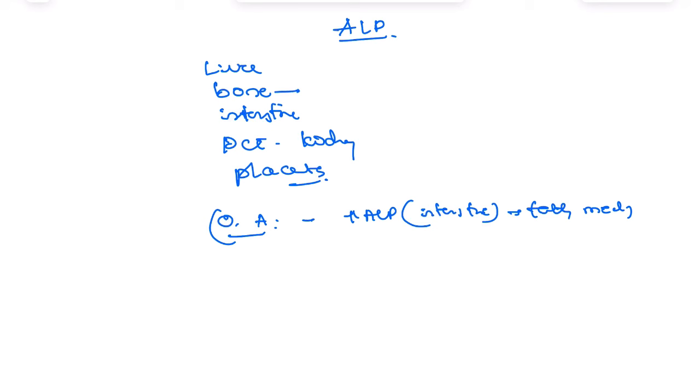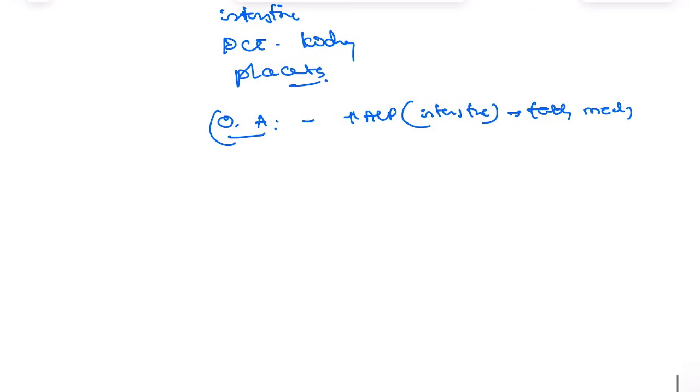In hepatocellular injury, raised ALP means cholestatic liver injury. There are other conditions where you get low levels of ALP. Those include fulminant Wilson's disease, hypophosphatemia, hemolytic anemia, malnutrition, hypothyroidism, and alcoholism.